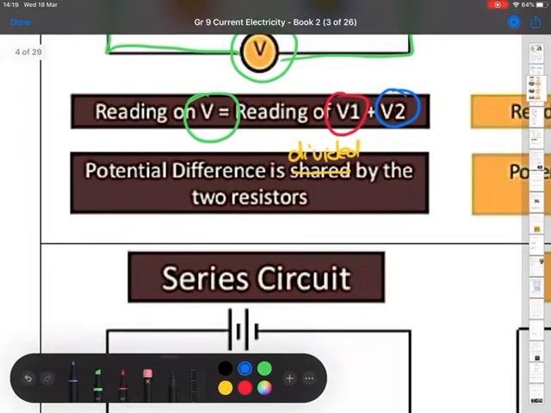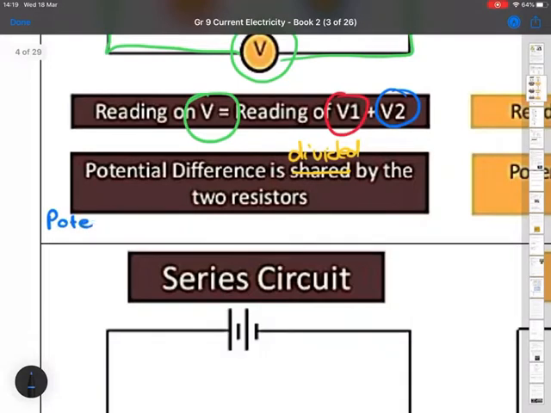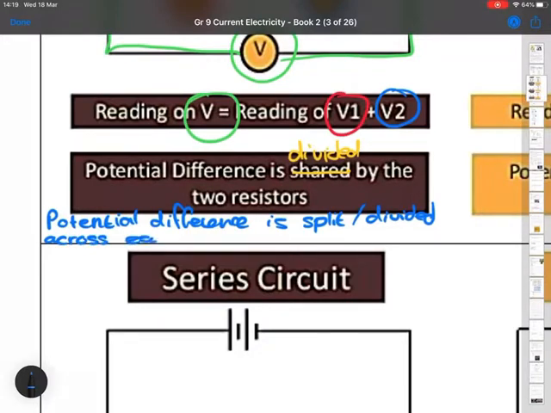Actually, let's write this together, guys. So I want you to write this in your notes, please. Potential difference is split or divided by each component, across each component in a series circuit.